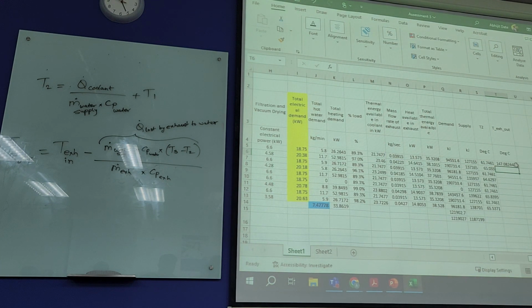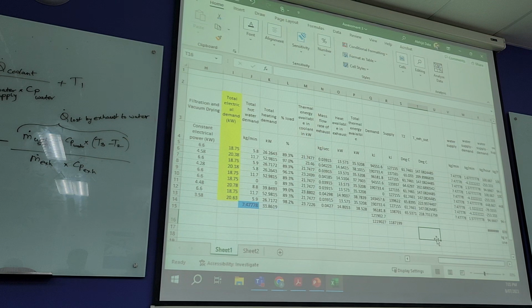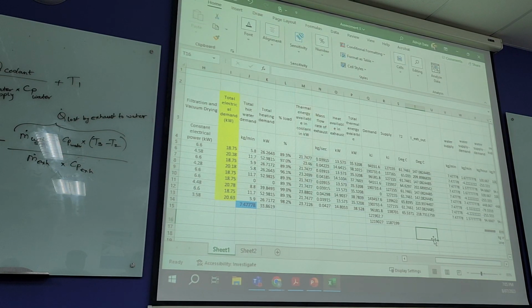What are you doing now? Can you show the formula? Yeah. U5, water supply. Yeah, 60.